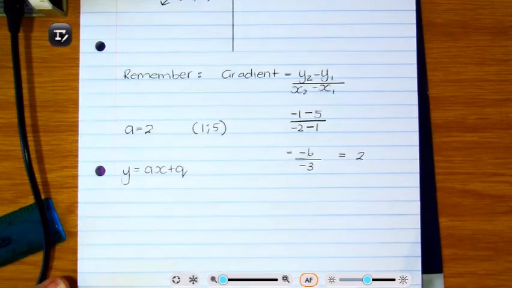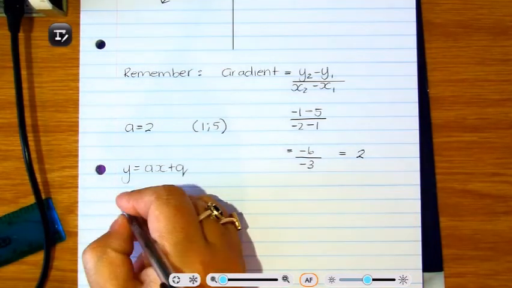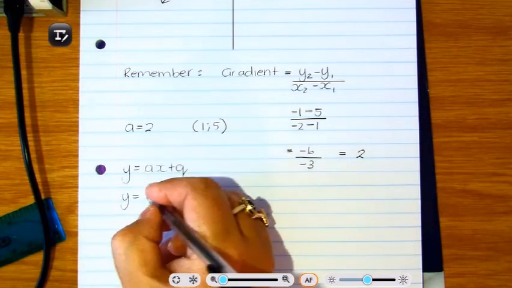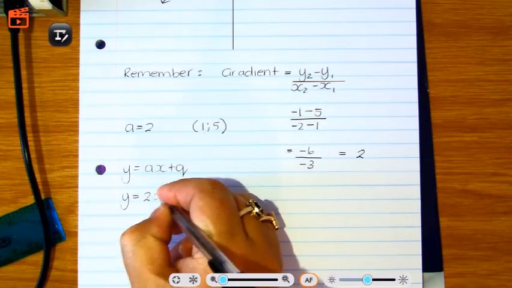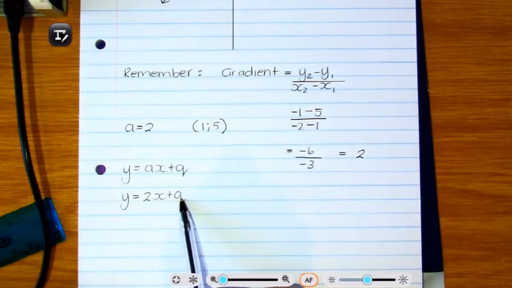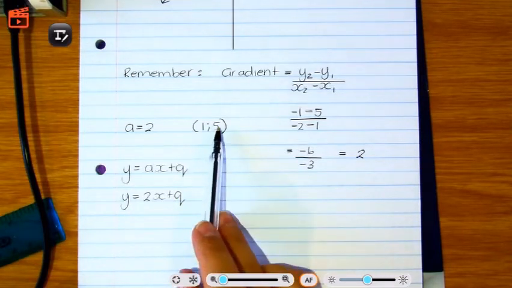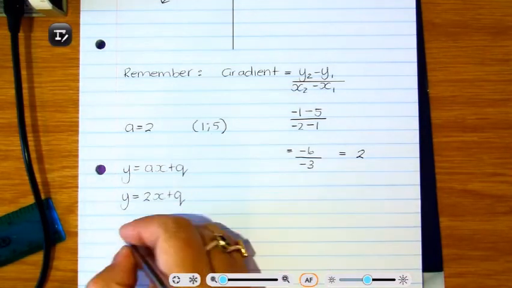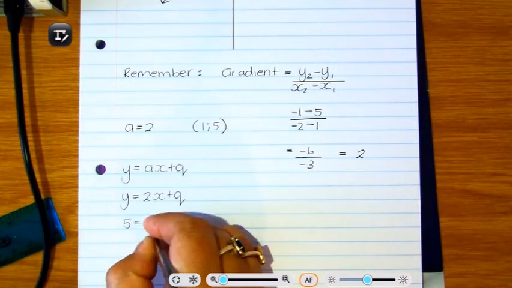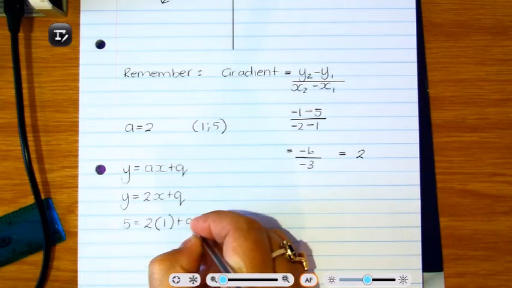The only difference with this one is I first had to work out the gradient. So instead of a, I'm going to put a 2: y = 2x + q, and now I want to work out the value of q, so I'm going to have to substitute in the x and the y from the coordinate. So the y is 5, is equal to 2, the x is 1, plus q.